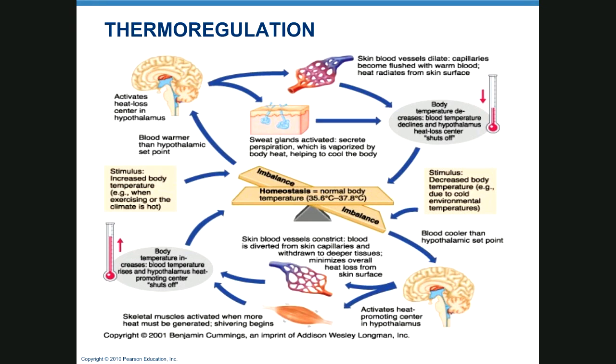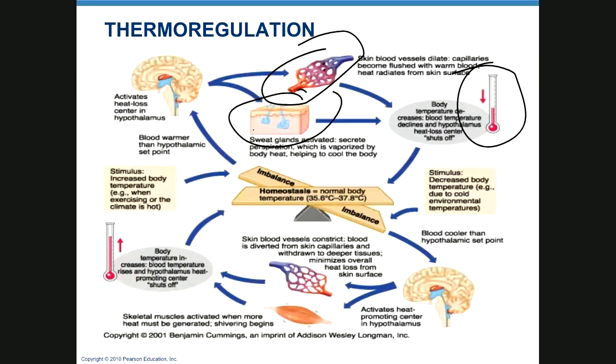And do review one more time thermoregulation and the role of the skin in thermoregulation. High temperatures: blood vessels of the skin will dilate to lose heat, and sweat glands will secrete sweat to cool off the body temperature.